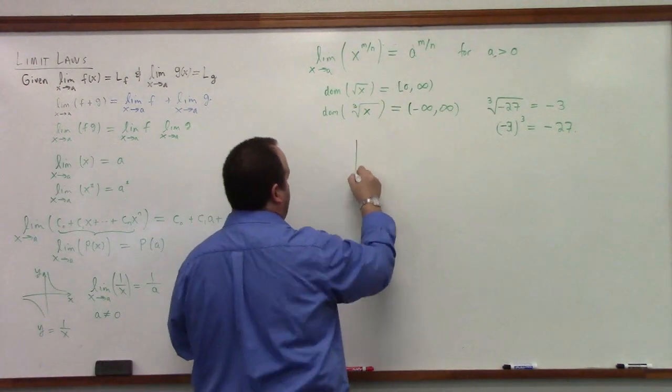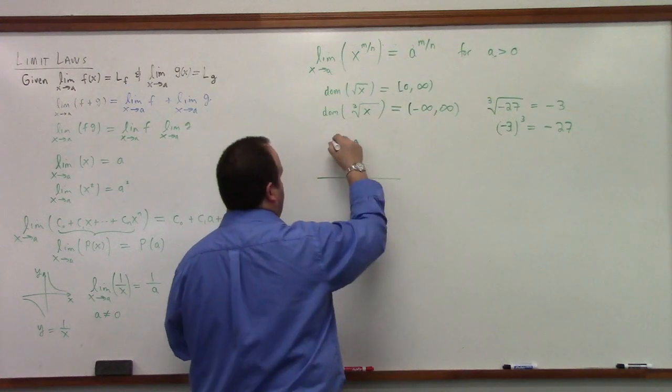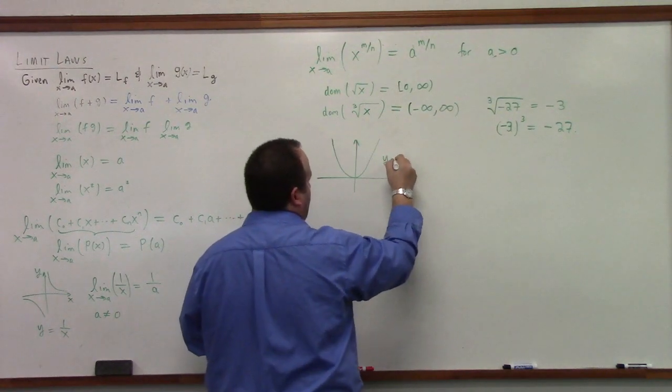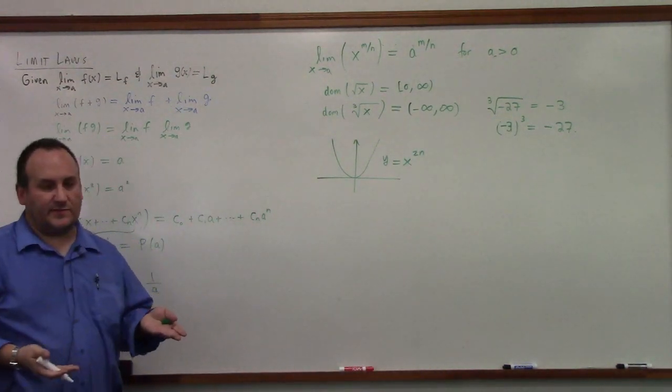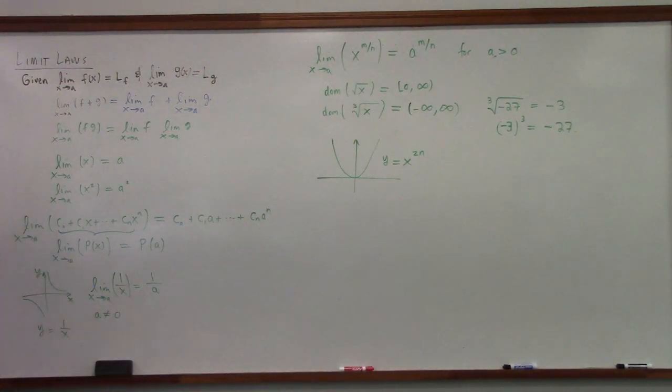Here's basically the story. This is y equals x to the 2n, right? Grossly speaking, that's what the graph of y equals x to the 2n looks like. What's the inverse function of that? You should realize that's a loaded question.